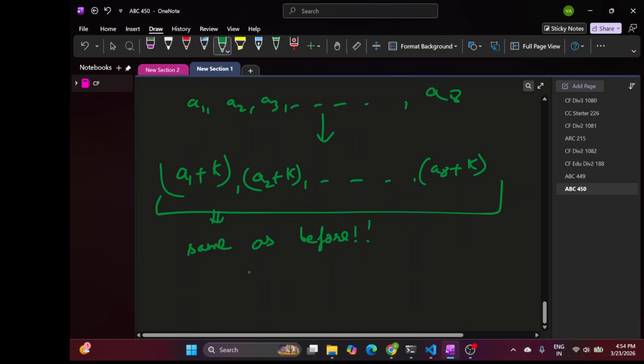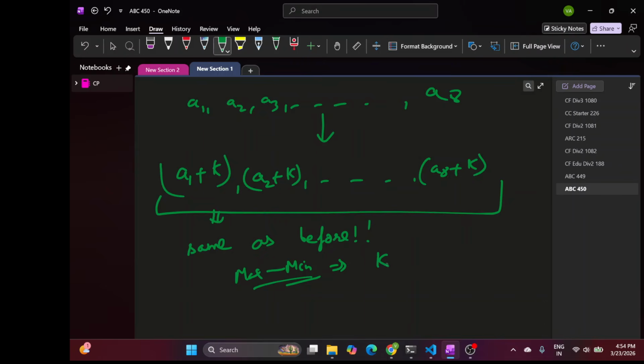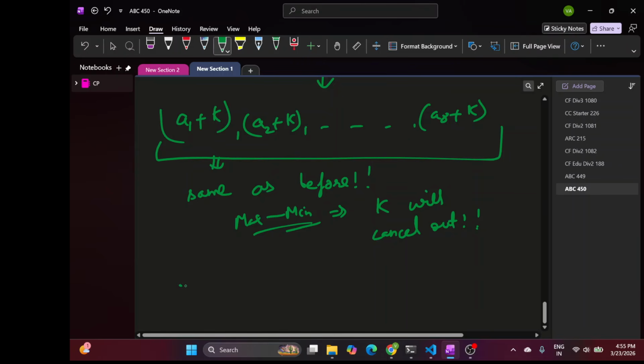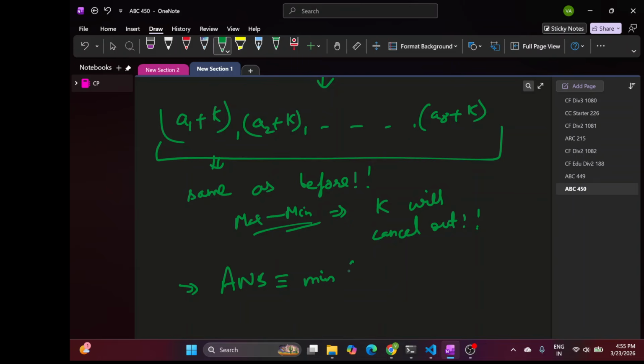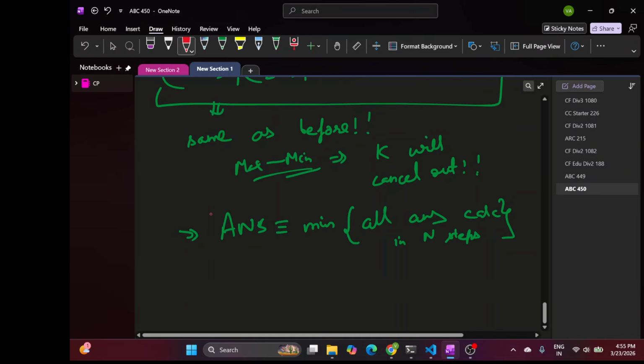Because if we do max minus min, K will cancel out. So the process will repeat itself, right? So can we say that our answer is the minimum of all answers calculated in n steps, right? And this is basically our answer.